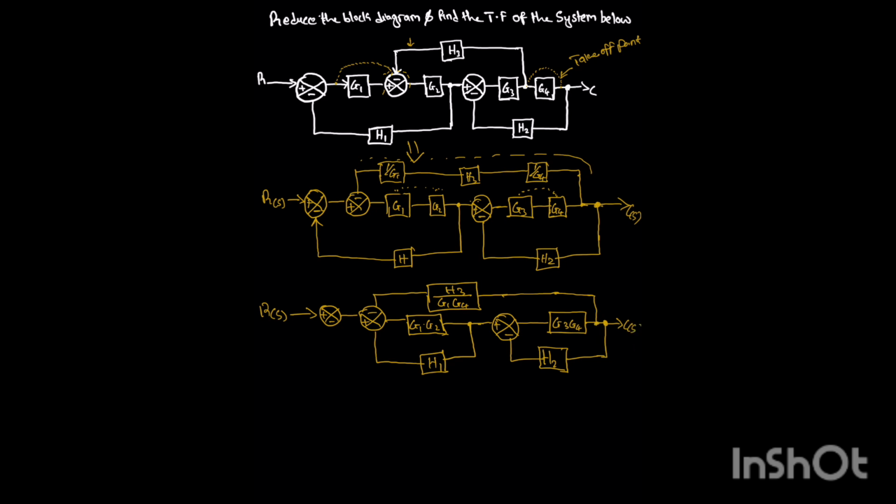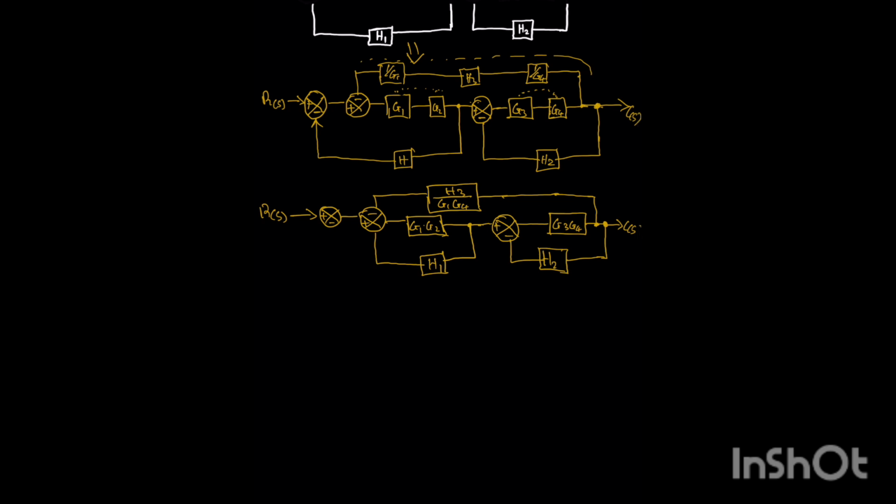Now the next step we are going to take is, in associative law, summing points can be exchanged and you can also exchange the takeoff point. That is one of the rules, as I said previously, that takeoff points can also be exchanged, and summing points can also be exchanged.